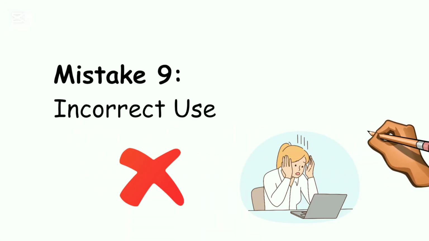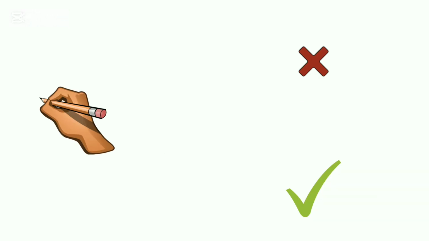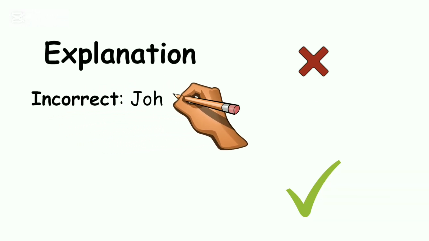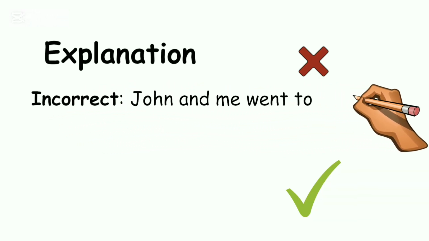Another mistake is using me and I incorrectly. For example, it's incorrect to say, John and me went to the park.